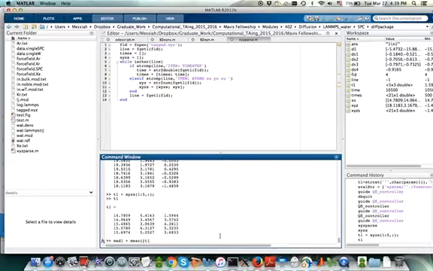We take T1 at the first time step and subtract T1 at the second time step. That gives us the displacement, although if we want the mean squared displacement, we're going to need to take a sum of squares here.